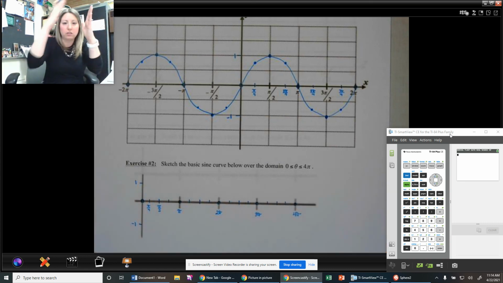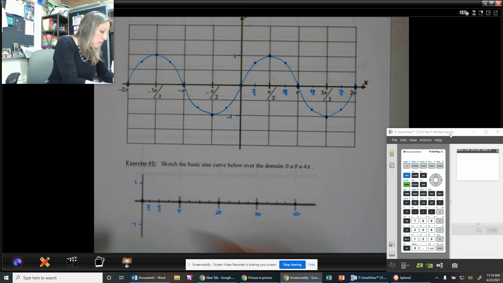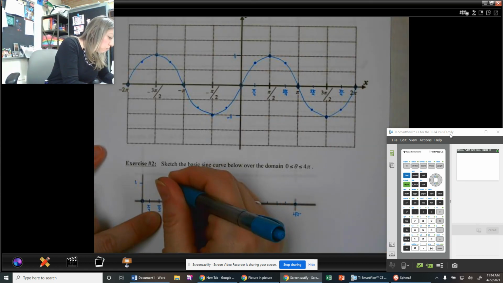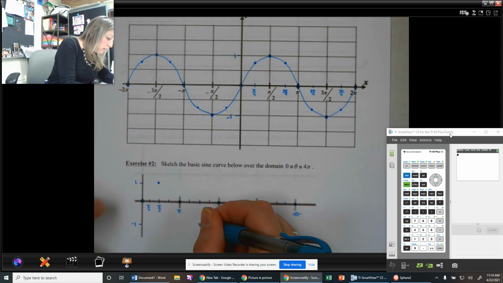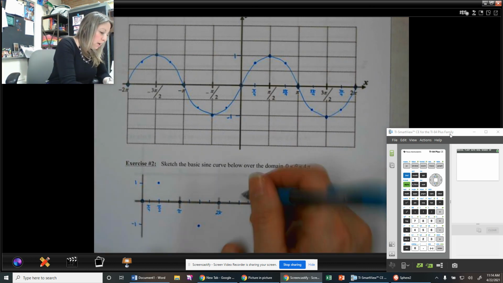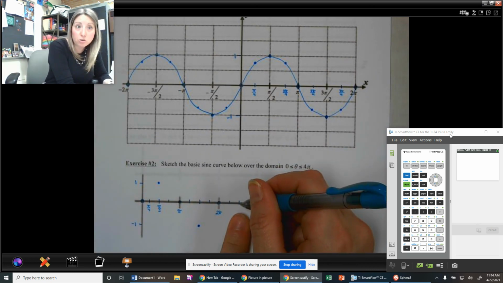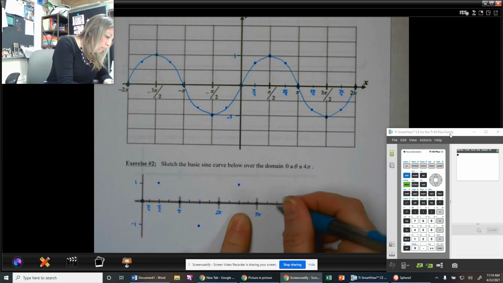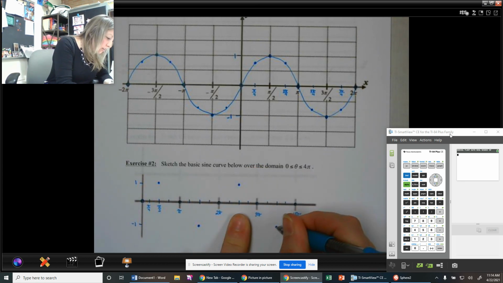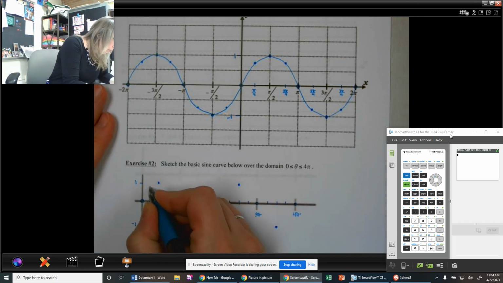Okay, and everything else is the in between. At 90 degrees, we get to our max. And at 270, we get to our min. So that means over here, past 360, here is our max first. Our min is second. Okay, and then that's the curve that we're looking for.